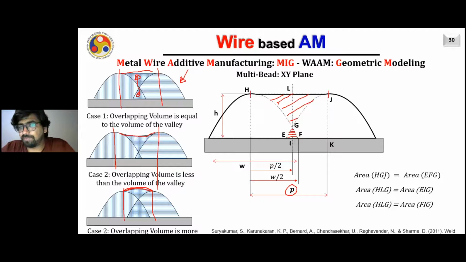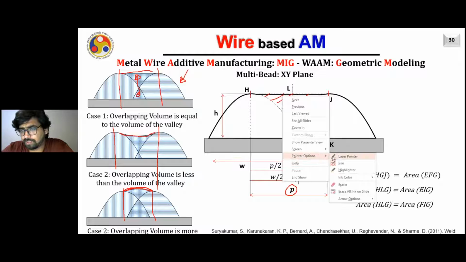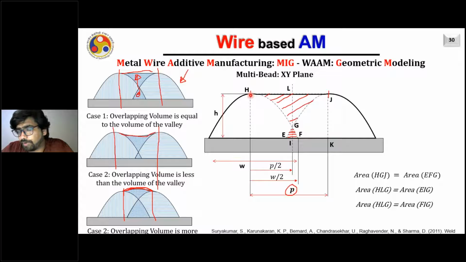Further I can simplify it, like only area HLG. I hope my pointer is visible. Let me just change it. Yeah, the points H, L, G, this area, only this area should be equal to the area FEG. Once these two areas are equal, then no issues will be there at all.